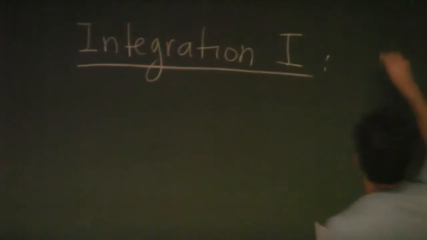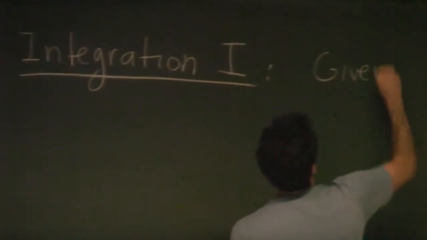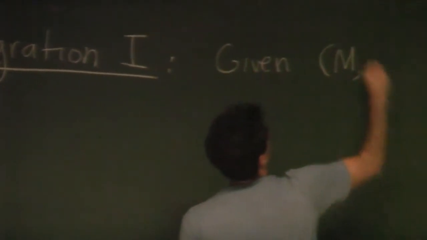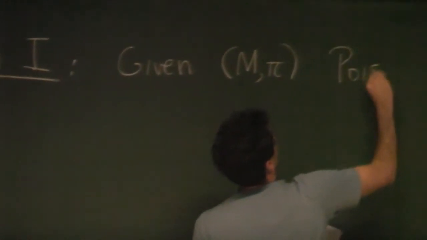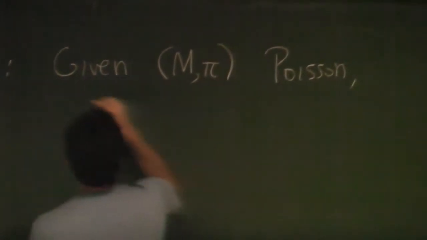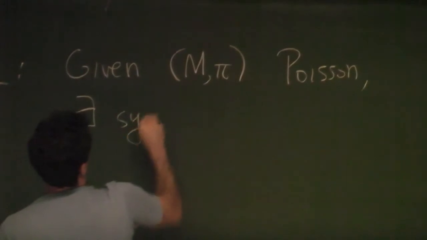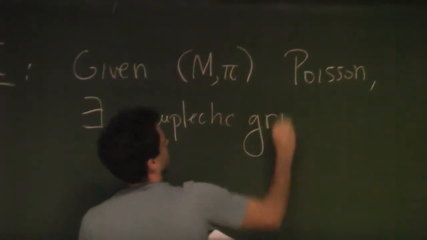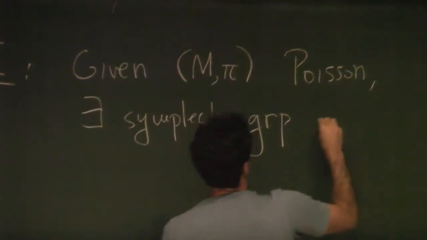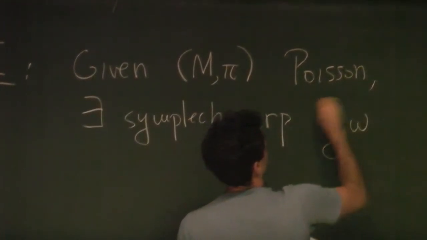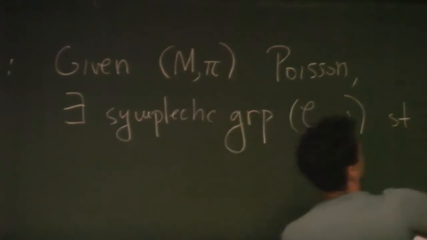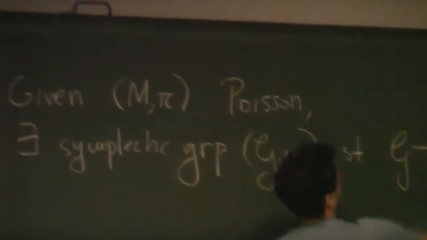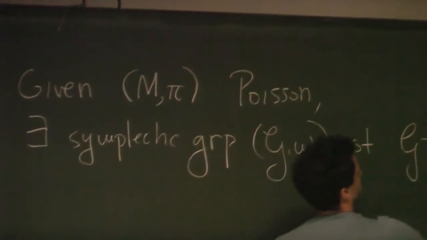So this is about, if you're given a Poisson manifold, if there exists a symplectic groupoid such that the target is a Poisson map, okay?